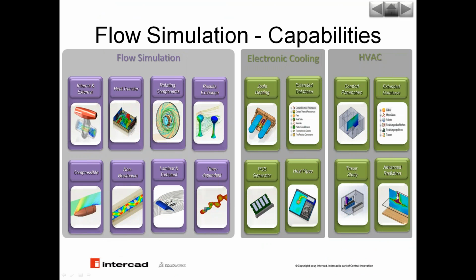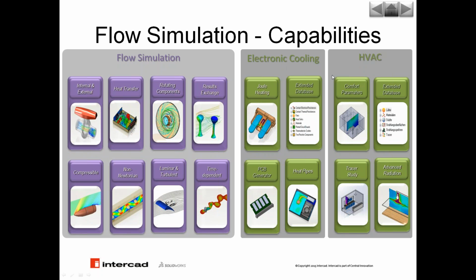Just as a wrap up, Flow Simulation is an add-in. It can do multiple things such as internal and external flow, heat transfer, and other applications. It could also specifically go for electronic cooling modules and HVAC studies, where you're accessing a very large database of materials in our flow simulation package.